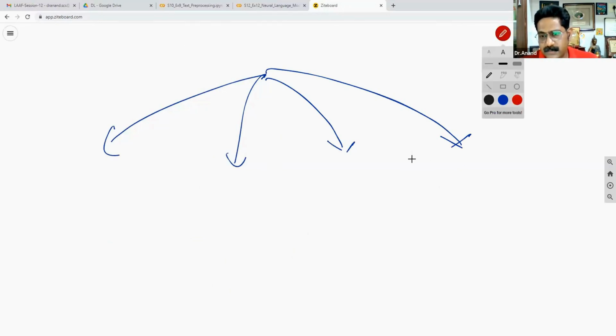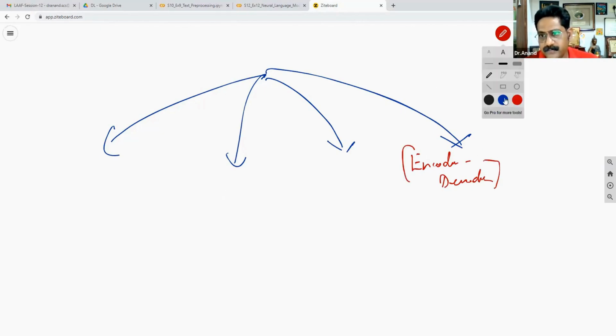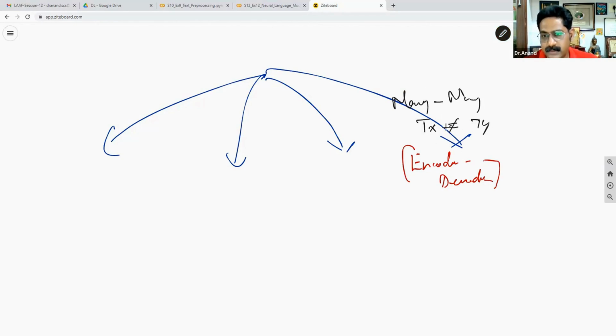Okay, one is dedicated to encoder-decoder. Encoder-decoder is a special case and is also a part of many-to-many. It's a special case where Tx is not equal to Ty, meaning the nature of your input sequence is different from the nature of the output sequence.